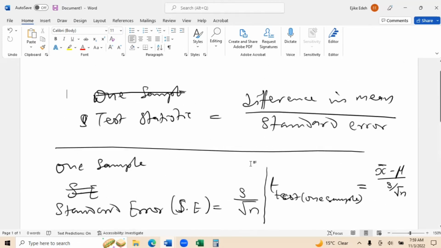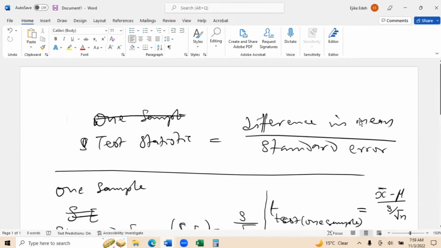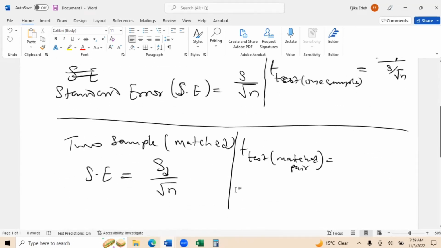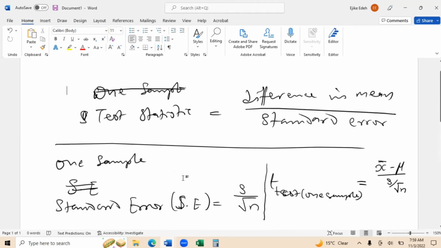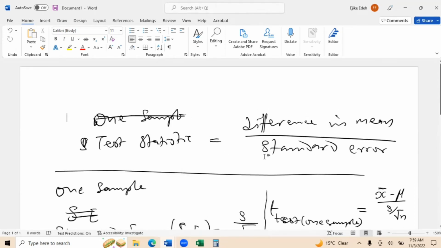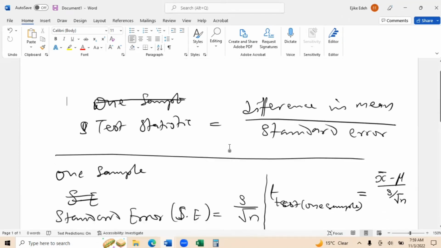Remember the general way of writing test statistics: the difference in mean divided by standard error. So XD bar, if you like, you could subtract this, we know this ends up being 0, all over standard deviation of the difference all over square root of n. Right? So difference in mean divided by standard error is how you get your test statistic always.